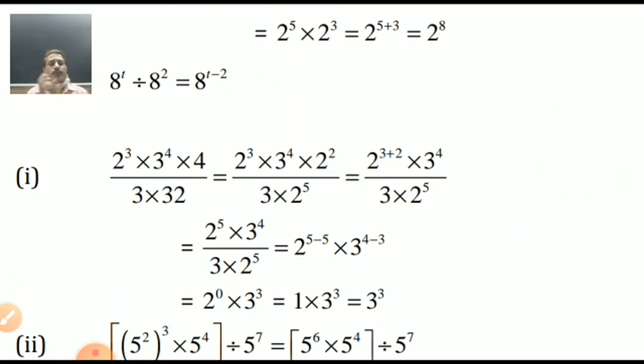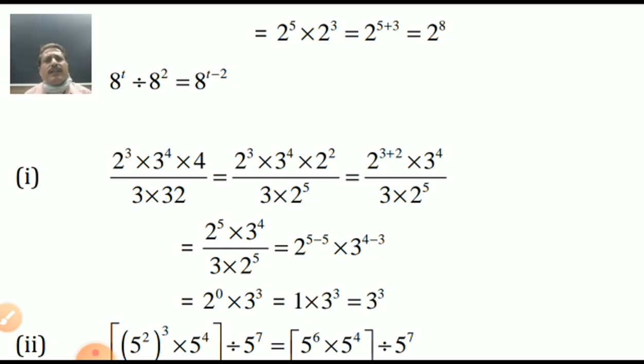Okay, very good questions. 2 raised to 3 into 3 raised to 4 multiplied by 4 upon 3 raised to 32. First of all, make it prime factorization, or select the 2, 3 or 4 only. So in place of 32, can I write 2 raised to 5? Why? Because 2 is repeated 5 times, which gives me 32. 2 into 2 into 2 into 2 into 2. 2 to the 4, 4 to the 8, 8 to the 16, 16 to the 32.